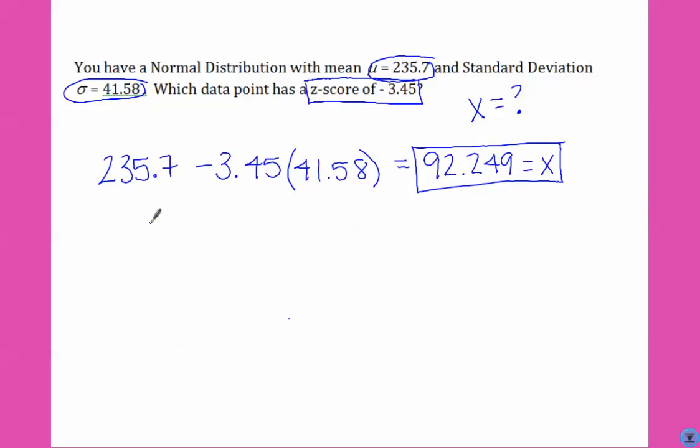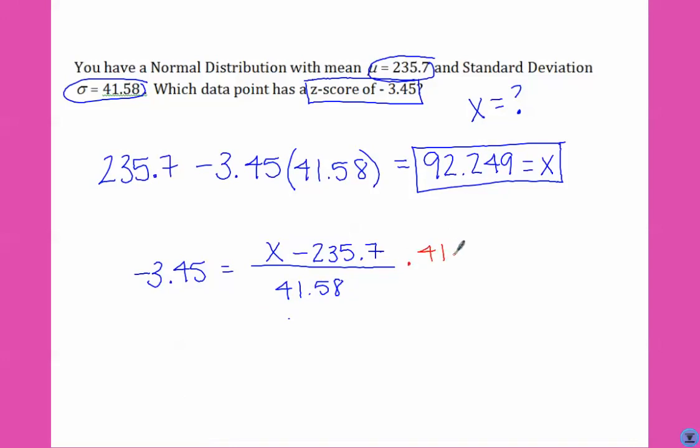The other way you could do this is use the z-score formula. We know our z. We're trying to find x. We subtract the mean and divide by the standard deviation. To solve this, we would multiply both sides by the standard deviation. And look, this right here, same as that part right there.